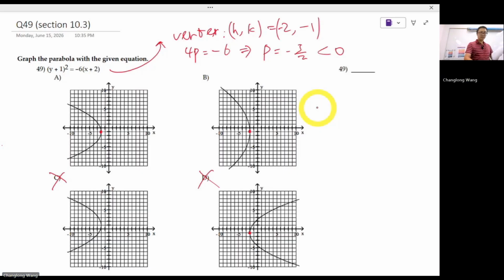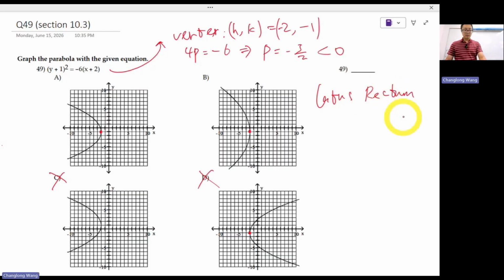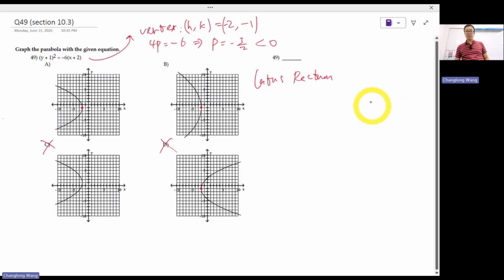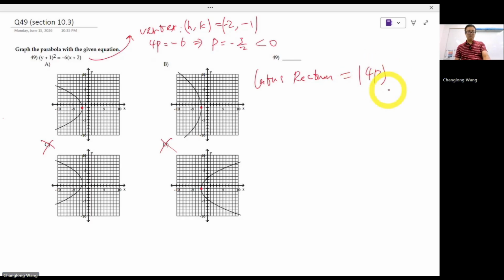Okay, latus rectum. That's a segment which has a measure equal to the absolute value of 4p. So in this case, you could have realized it's 6.